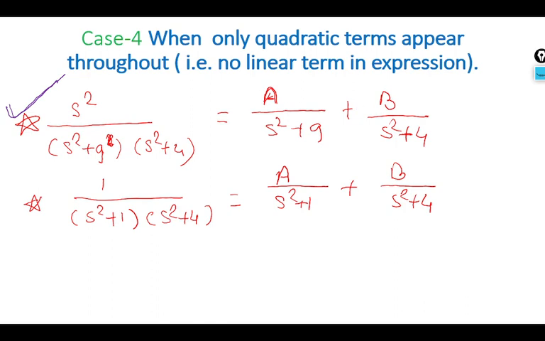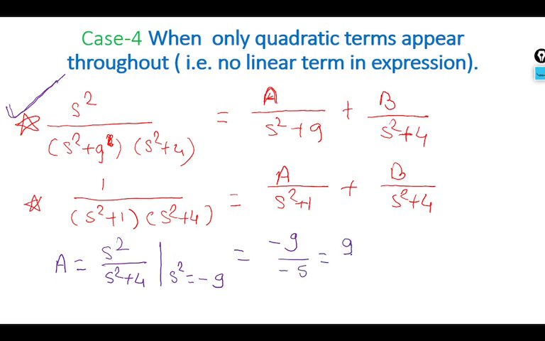Here the shortcut method works. To get the value of a, just ignore the s square plus 9 factor from the original fraction. We are left with s square upon s square plus 4, where we put s square as minus 9. So we get minus 9 divided by minus 9 plus 4, which is minus 5, so 9 by 5.